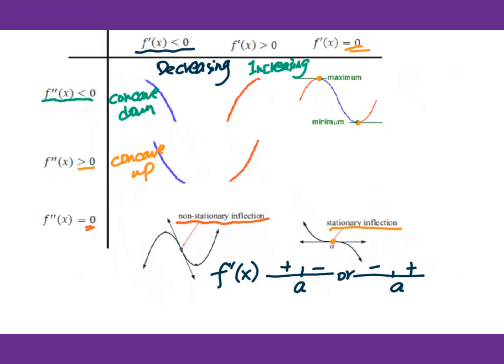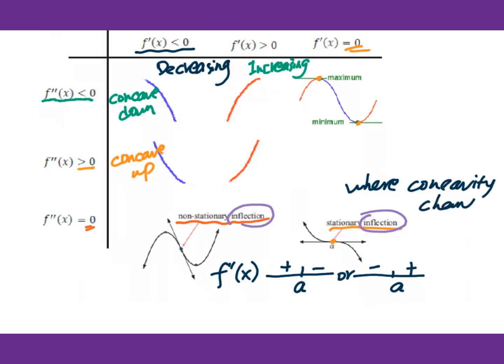In other words, an inflection point is where concavity changes. So from this diagram, we could say at a stationary inflection, the first derivative equals 0 and also the second derivative equals 0.